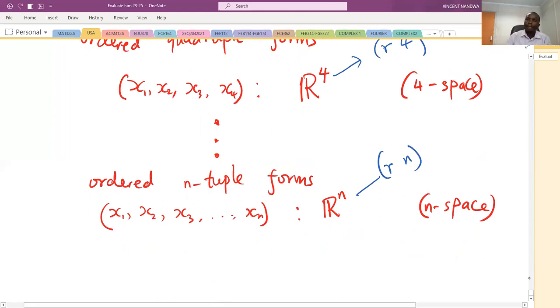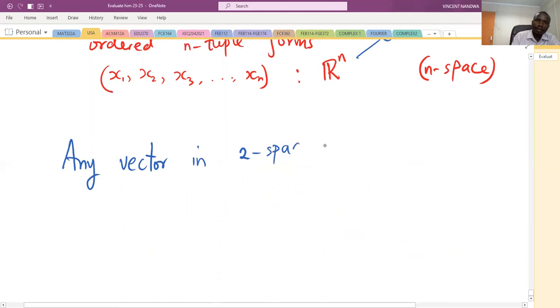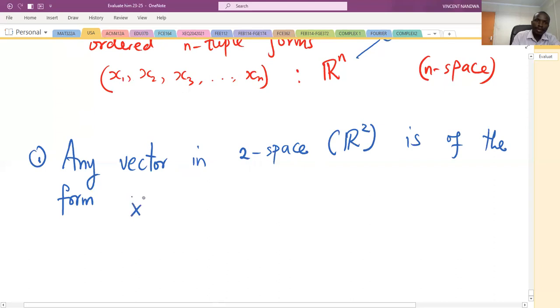So any vector in 2 space, that is R2, is of the form x.